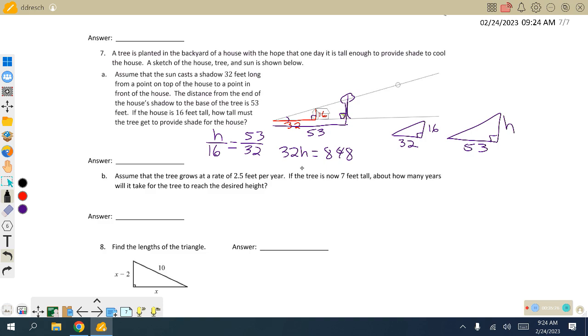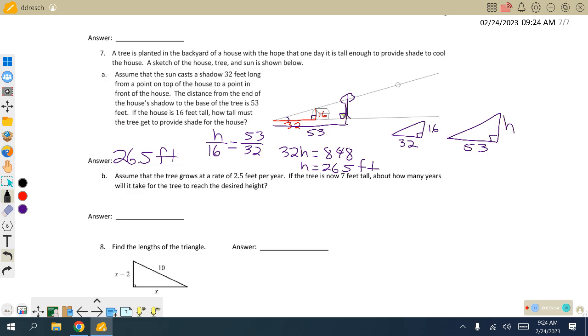Somebody get 26.5? Yes. And what's my units? Feet. So that tree is going to need to get to 26 and a half feet. Right before that, maybe about 20 feet, it will probably start to provide some protection, but 26 and a half feet is where we get full shade on that house.